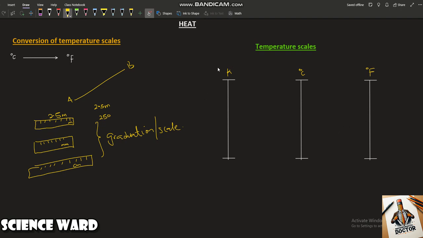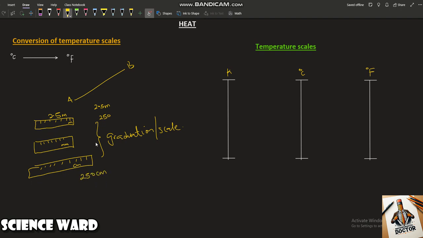So if I use these three thermometers to measure the same temperature, their readings are not going to be the same. Just like with the ruler, if I measure the length of this line AB and it is 2.5 meter, in centimeter it is going to be 250 centimeter.